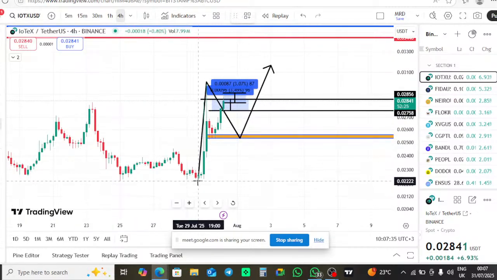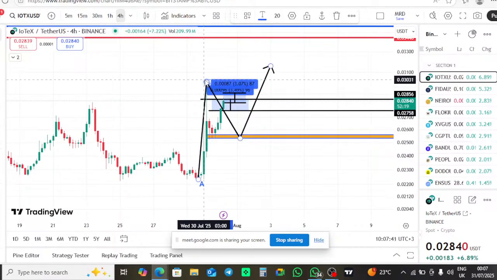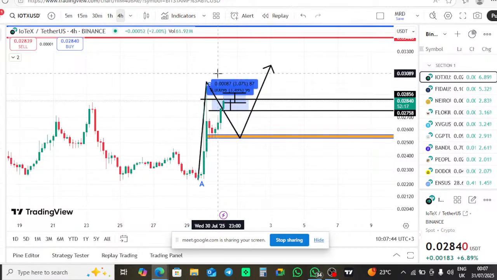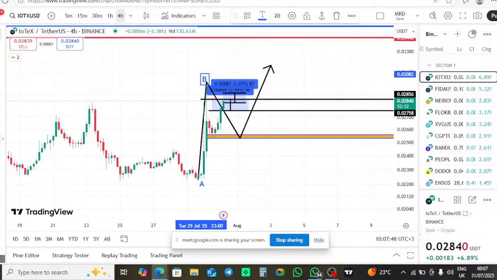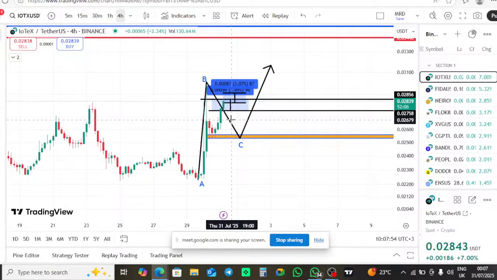From here, where the market started from, we call it point A, then point B. It's where the market stopped from. Are we getting it? Then, where it retraces from, it is point C. Now, the halfway of the distance is point C.